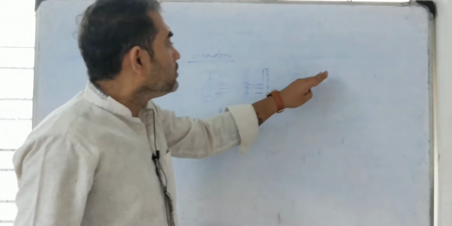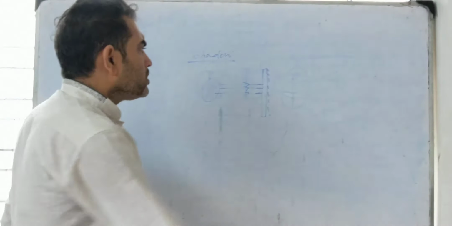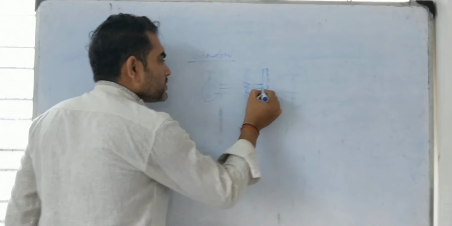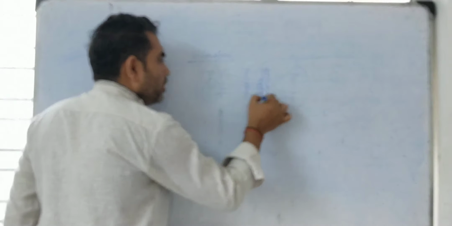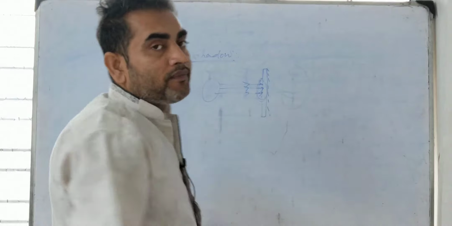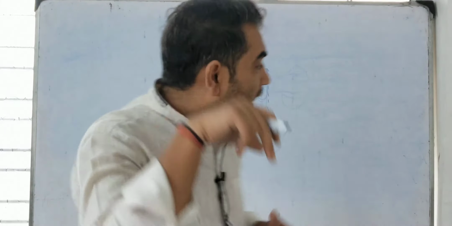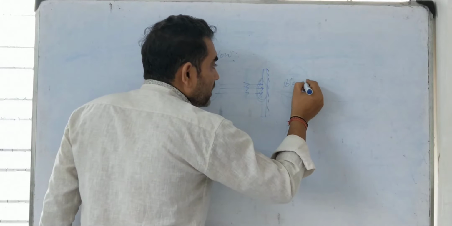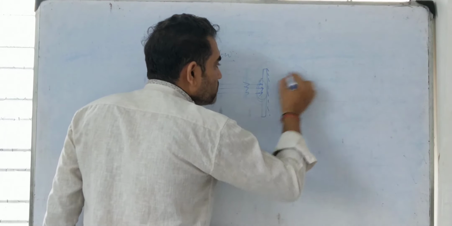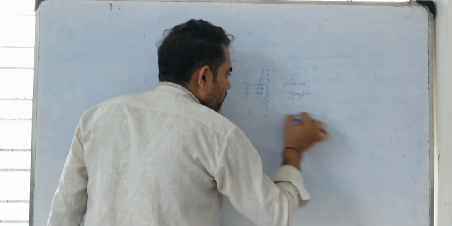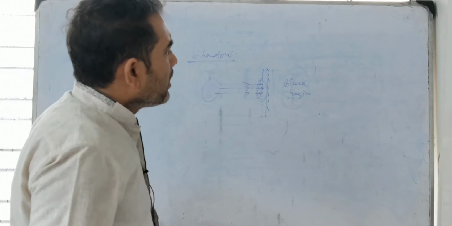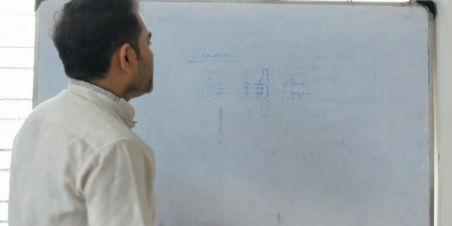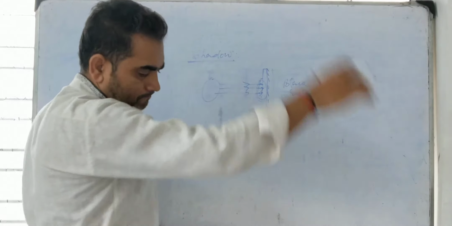It will not travel beyond this position because this opaque object has stopped the rays of light here only. And in return, a black region will form behind the object, a complete black region behind the object, and that black region is said to be the shadow.